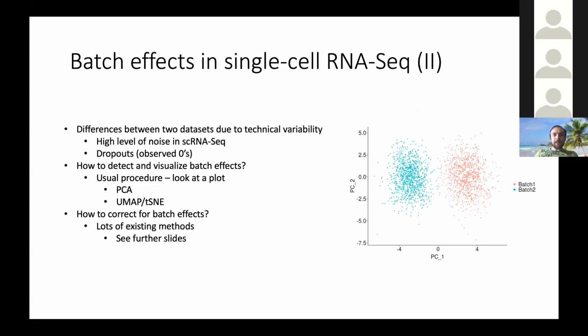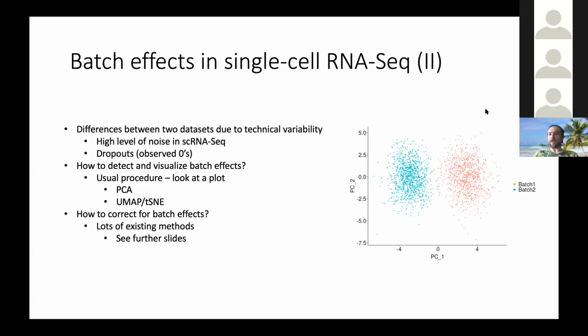So, okay. First, let me talk about what batch effects are. These are differences that we see due to technical variability. Technical variability comes from the high level of noise in single-cell RNA-seq and stochasticity of dropouts. We can visualize this by using PCA or UMAP or t-SNE plots.